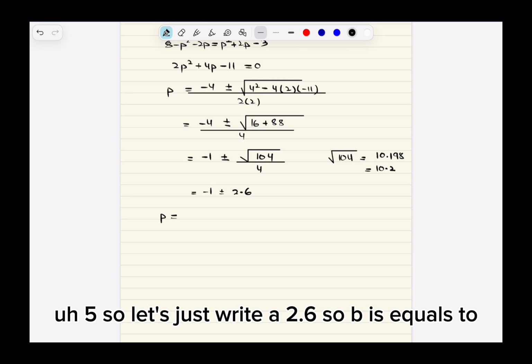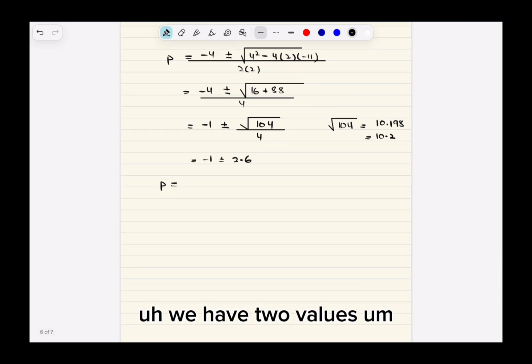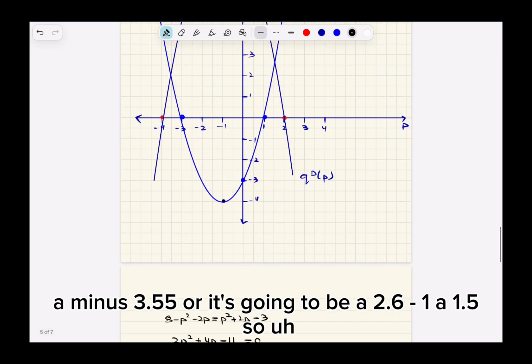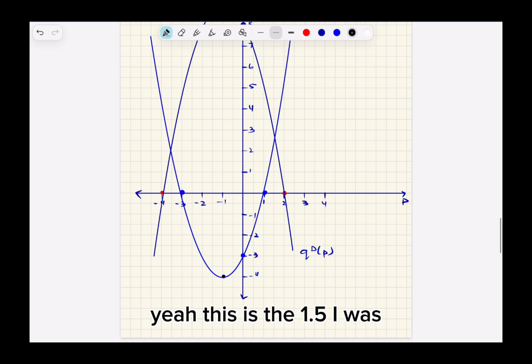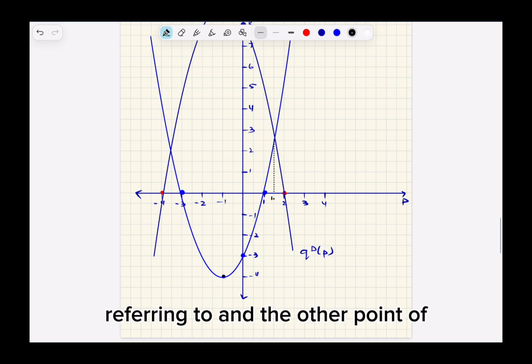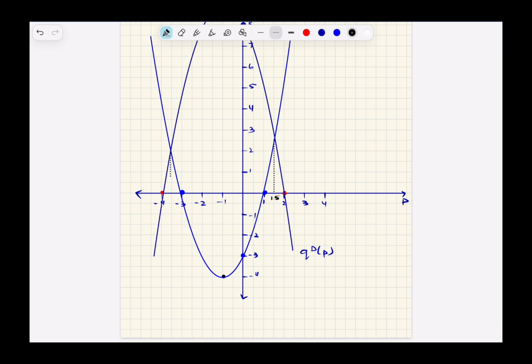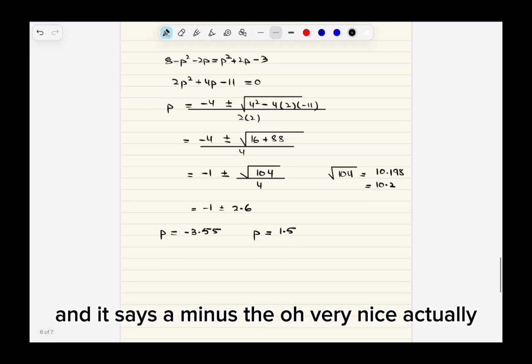So p is equal to two values: it's going to be 2.6 minus 1, 1.5. So yeah, this is the 1.5 I was referring to, and the other point of intersection is actually right here, somewhere over here, and it says minus 3.55.